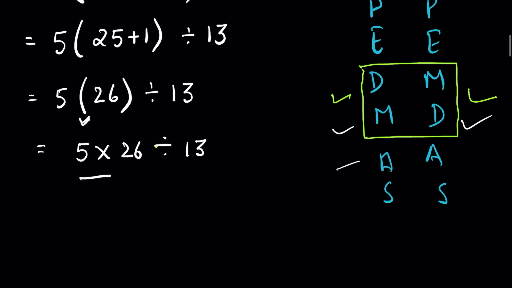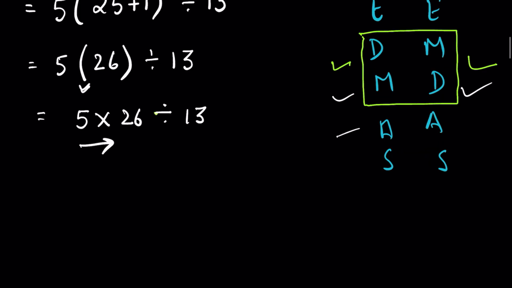Now from left to right we have multiplication first. So multiply 26 times 5, or what we can do to make it easier, write them together like this and consider that we have done the multiplication. Then this entire number is divided by 13, because after multiplication there is division.